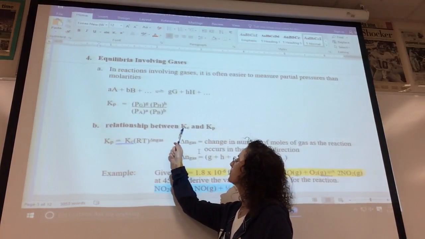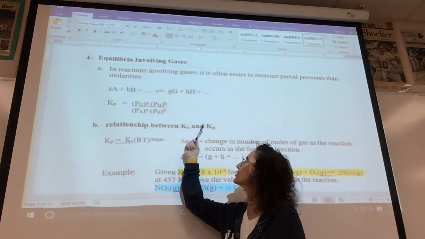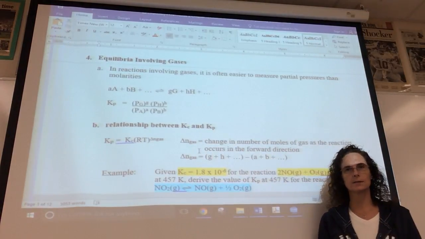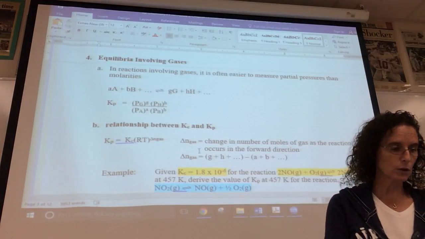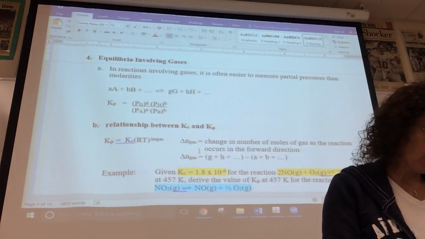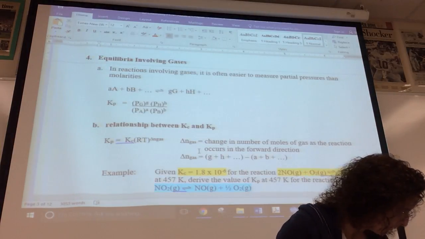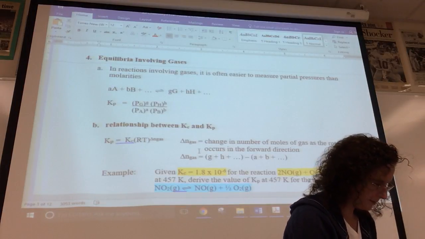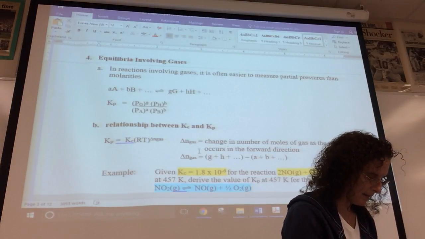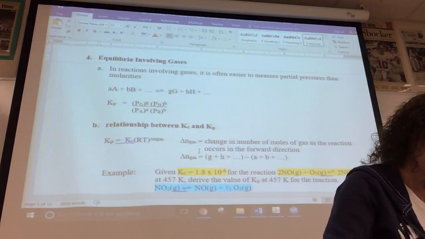There's a relationship between Kc, which is the equilibrium constant dealing with concentrations, and Kp, the equilibrium constant dealing with pressures. And last time I told you that there was a whole family of Keq, and now you're starting to see it broken down a little bit more, and that's shown right here.